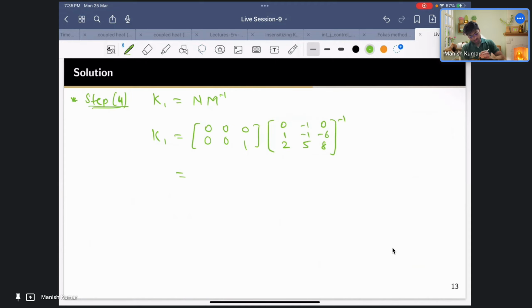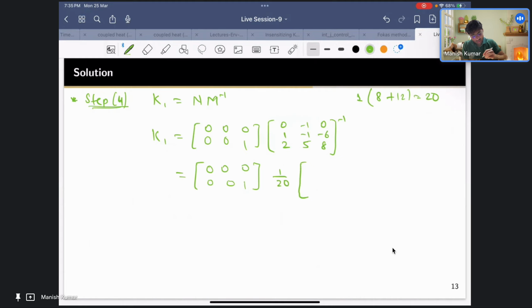Let us compute the inverse. First compute the determinant. Along the first row, it's 8 minus 12, which is plus 12, which is 20. So you write 1 upon 20.